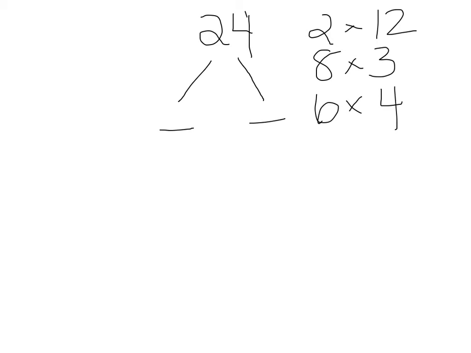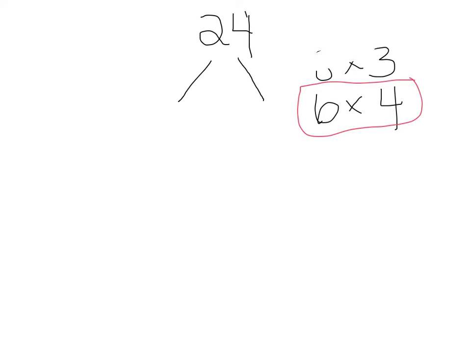And of course, you can use 12 times 2, 3 times 8, 4 times 6. So we're going to use any one of these sets because in the end, since we're changing them to prime numbers, it won't matter. You're going to get the same answer. So in this case, I think I'm going to use 6 times 4.